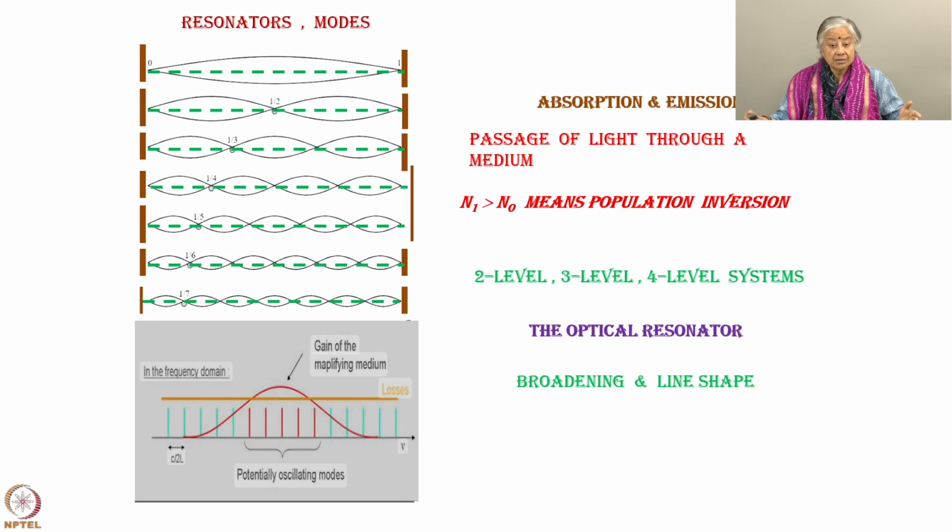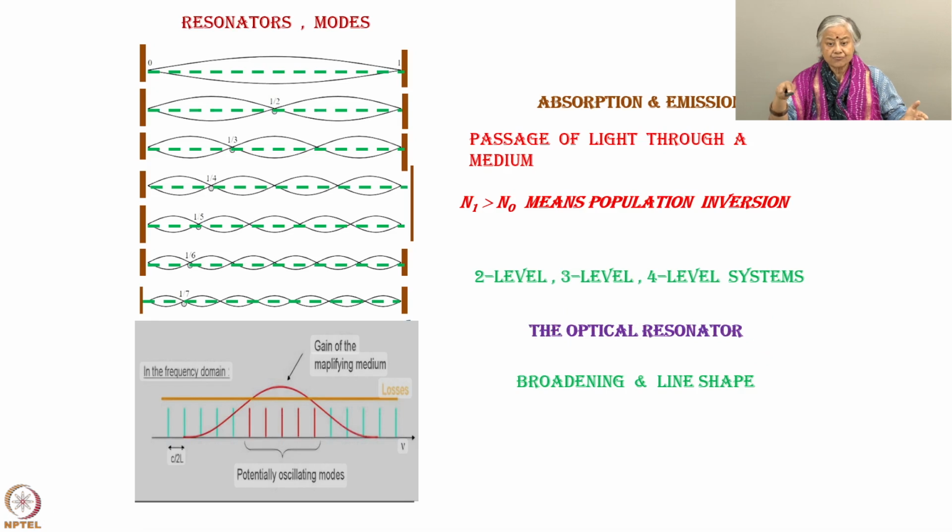Then we have studied the 2-level system, 3-level system, 4-level systems. And we have also studied the broadening. So, you pretty much have all the ingredients necessary to build a laser. And of course, last but not the least is the optical resonator, and I will be describing this optical resonator in a bit of detail.